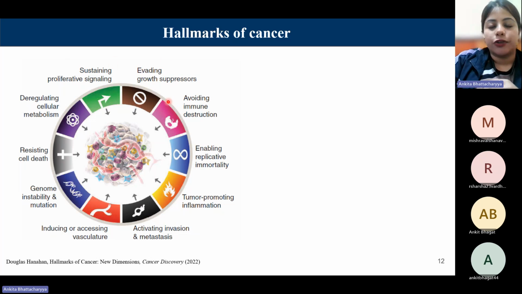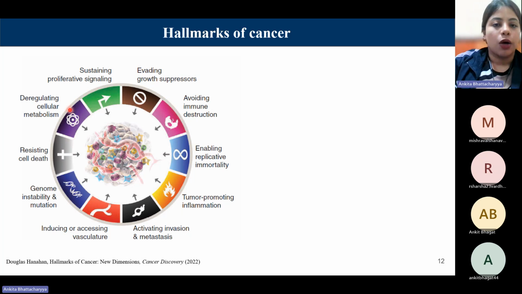Next was evading growth suppressors, avoiding immune destruction, enabling replicative immortality, tumor promoting inflammation, activating invasion and metastasis, inducing or accessing vasculature, genome instability and mutations, resisting cell death, and deregulating cell metabolism.